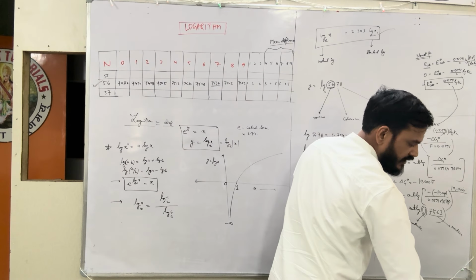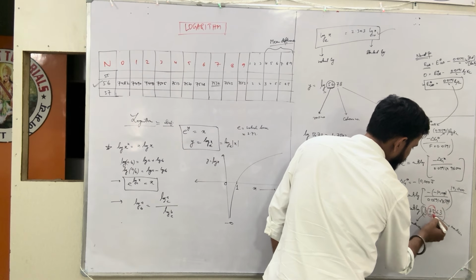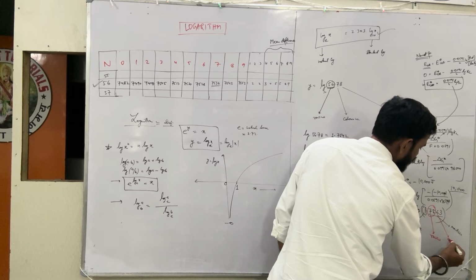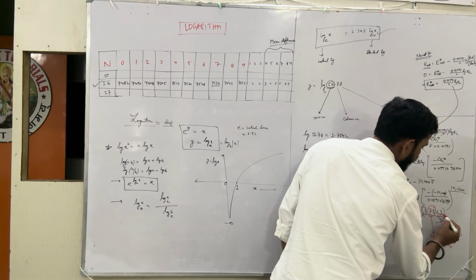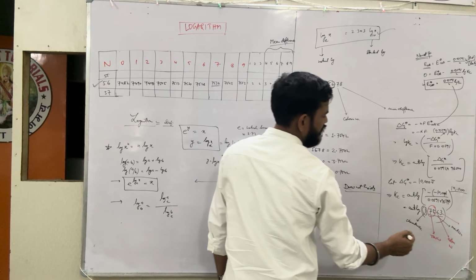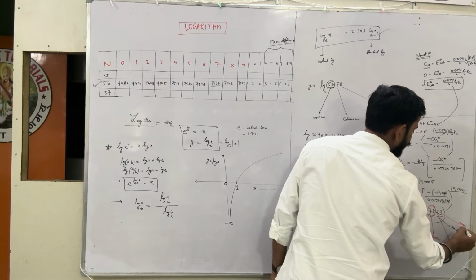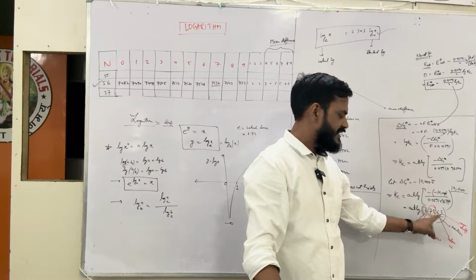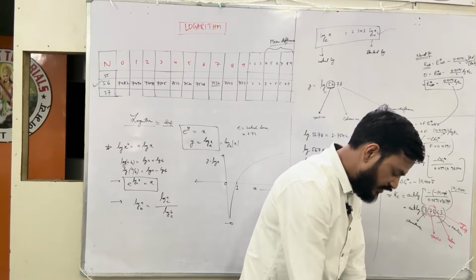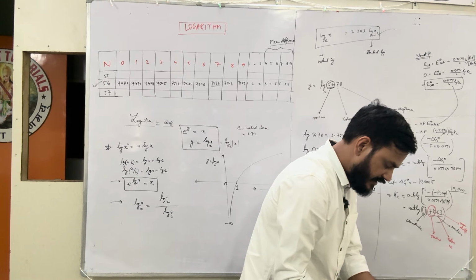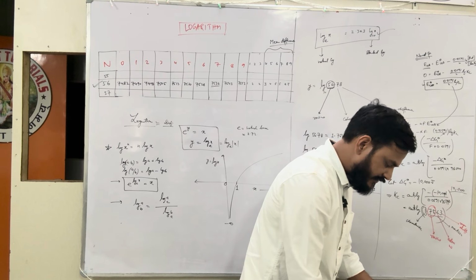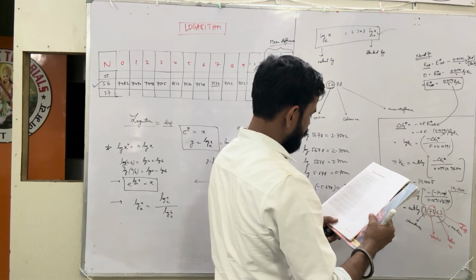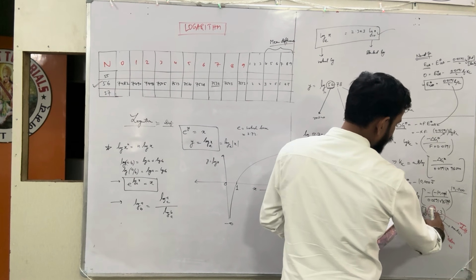In the mantissa, these two digits represent the row number. This will represent the column number, and the last number will represent the mean difference. So you go to the anti-log table, go to row number 0.75. Then we need to go to column number 6.